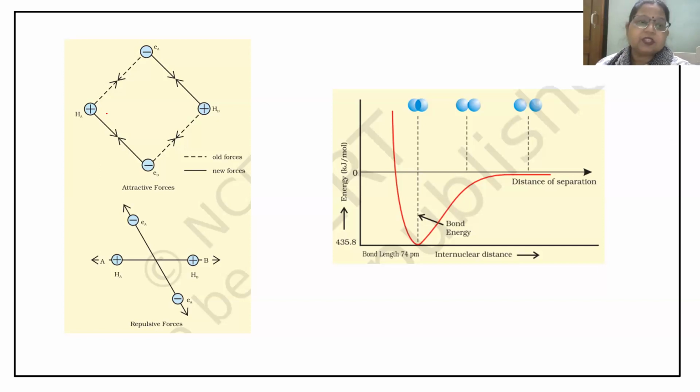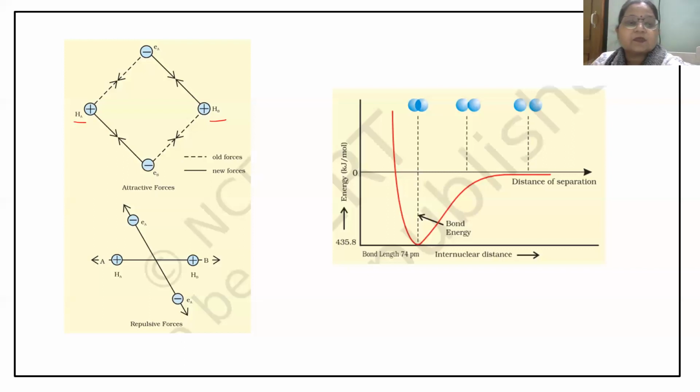Look at the first picture on the left-hand side of my screen. We have two atoms of hydrogen, one named HA, another named HB, right? They have shown us what are the old forces and what are the new forces which have developed during the formation of the H2 molecule.